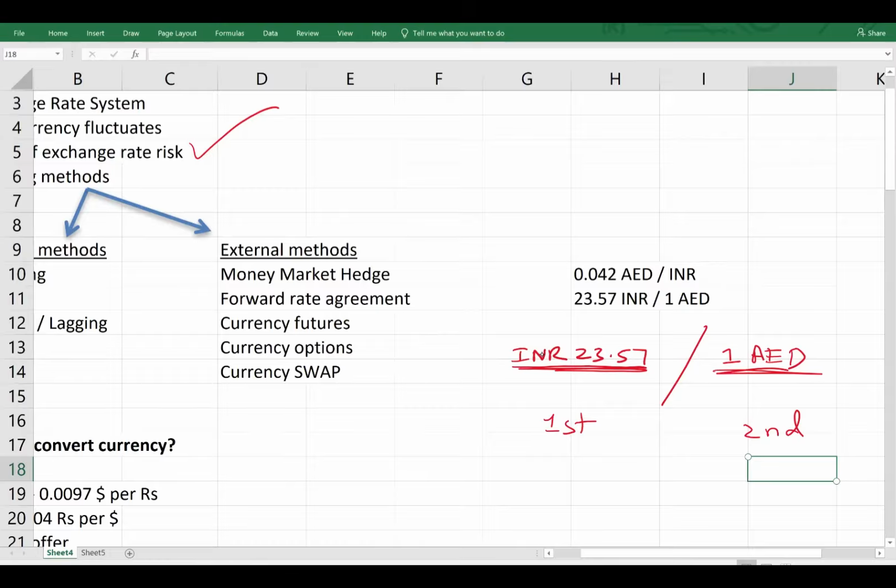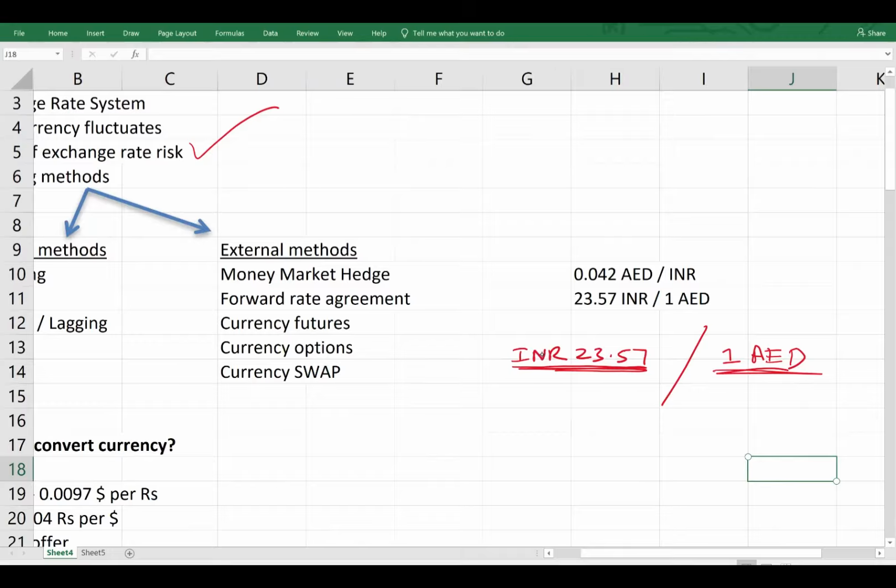So the second currency is always in one term, always. There's a basic, fundamental rule we need to understand. Here we would say that our first currency is INR. The first currency is also a variable currency. There's a variable currency and there's a fixed currency that we use as a parameter here. So that's one way of expressing it.